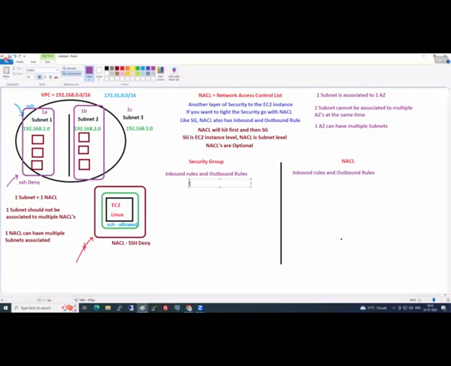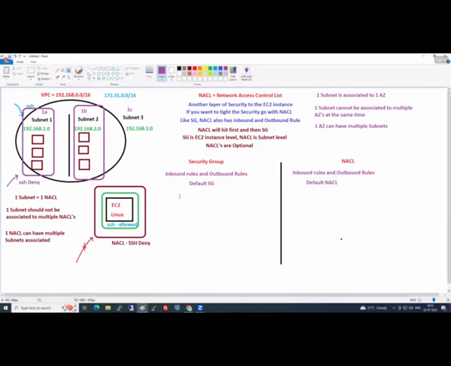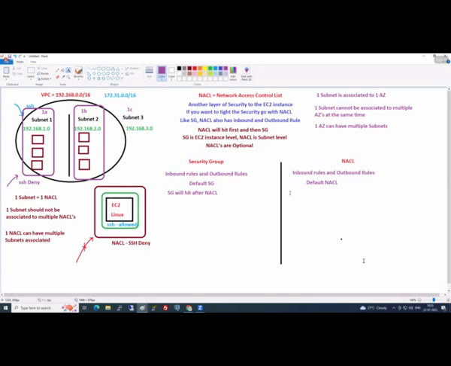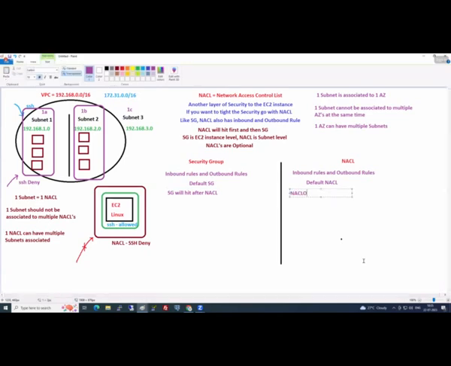Do we have a default security group? Do we have a default NACL? Which one will hit first? NACL will hit first, and then the security group.